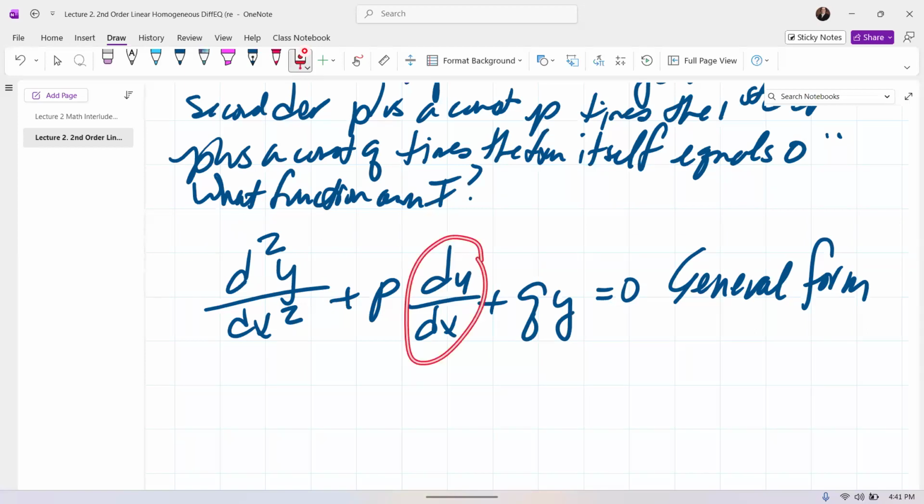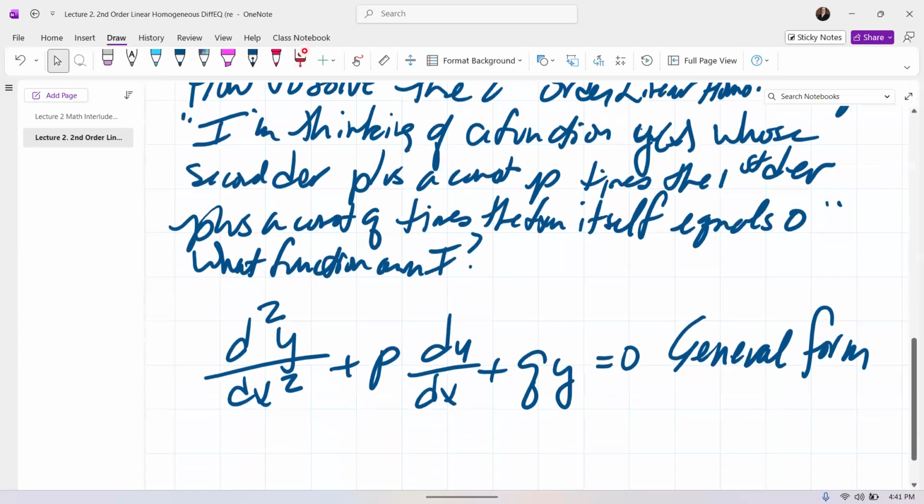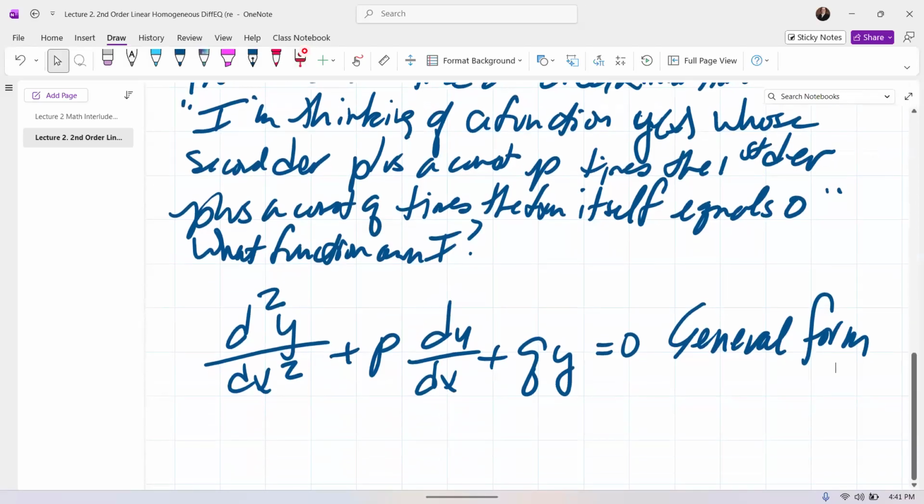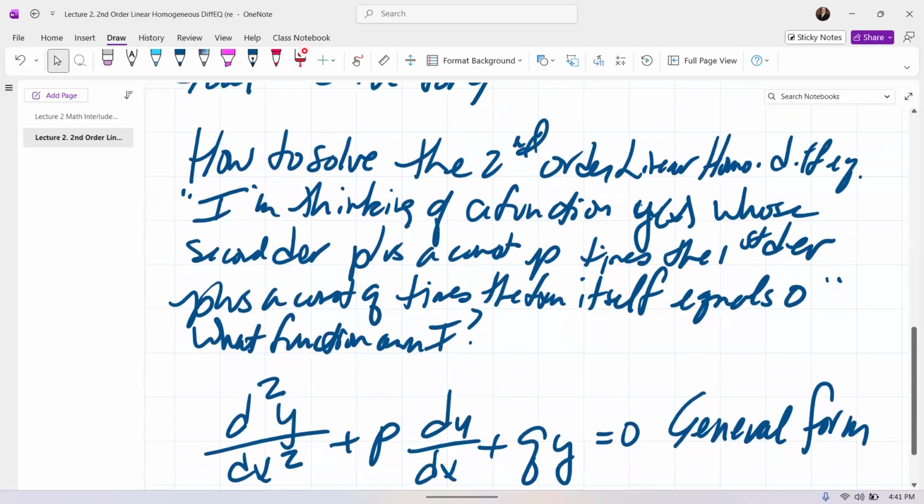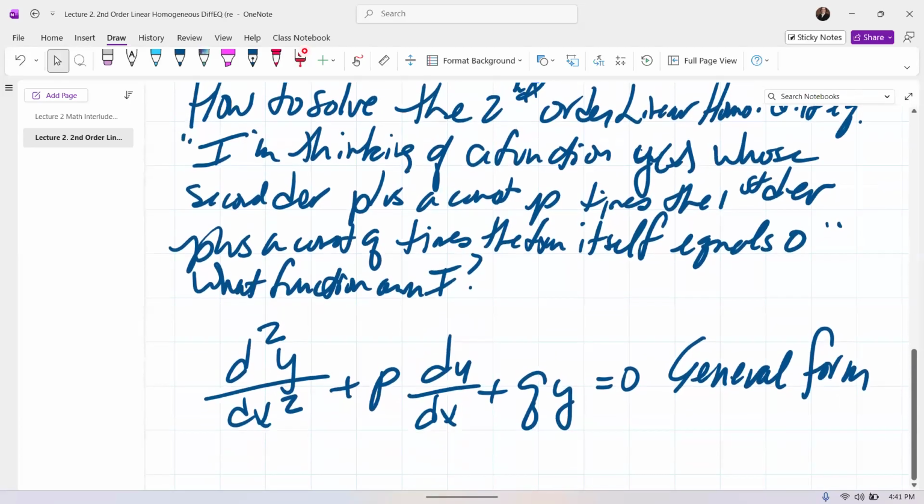Here's another one, dy dx, d squared y dx squared. Is it second order? This power right here tells us this is second order because the highest order derivative is second power. Is it linear? Well, we'll find out when we get the answer. But there's nothing crazy here yet, right? So the answer y is the linear part. Is it homogeneous? It is right here. Our equation is set equal to 0, and that is how we tell that this thing is homogeneous.